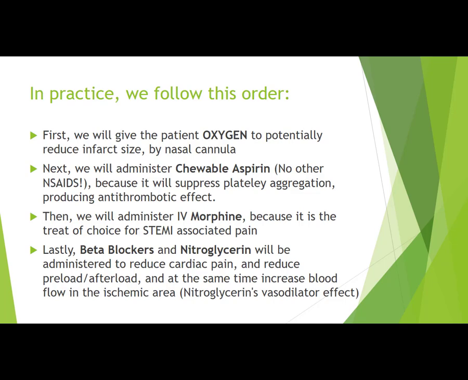Then we will administer IV morphine because it is the treatment of choice for STEMI-associated pain. And then lastly, beta blockers and nitroglycerin will be administered to reduce cardiac pain, and reduce preload and afterload, oxygen demand and supply. You guys can see why it was so important to mention at the beginning. And at the same time, they increase blood flow in the ischemic areas. Nitroglycerin, again, is a vasodilator, and therefore that's what would cause the increased blood flow into the ischemic area.